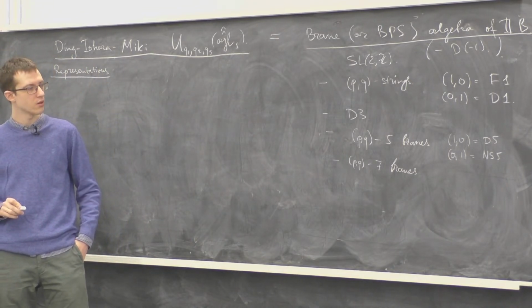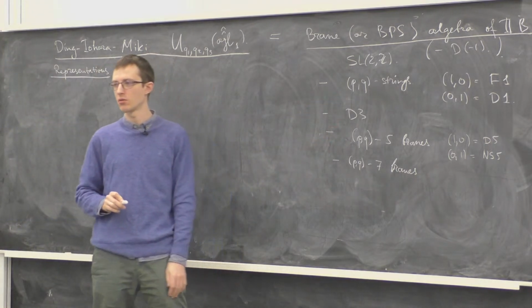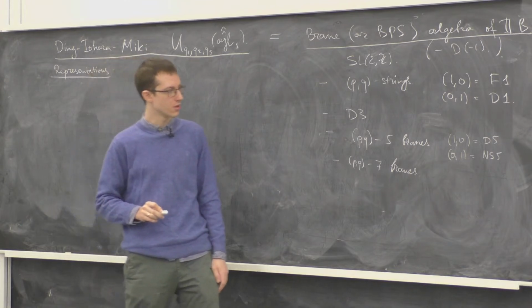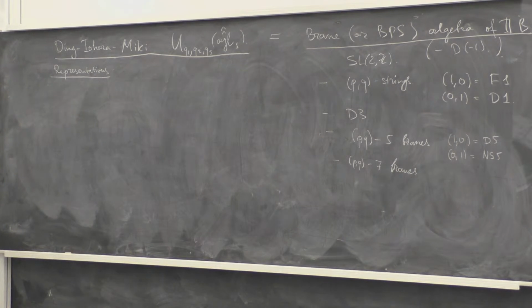So a PQ string can end on a PQ brane. If one can end on D5, that's the rule. I had a lot of confusion with these notations, which one is PQ and which is QP. Is there any strict definition of these charges?